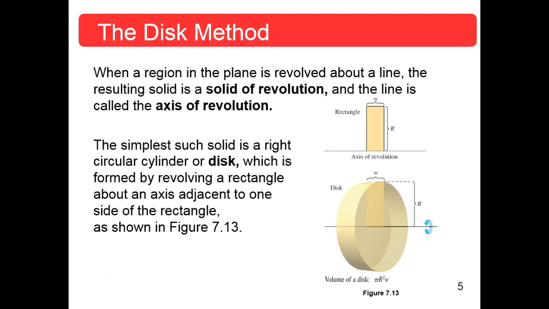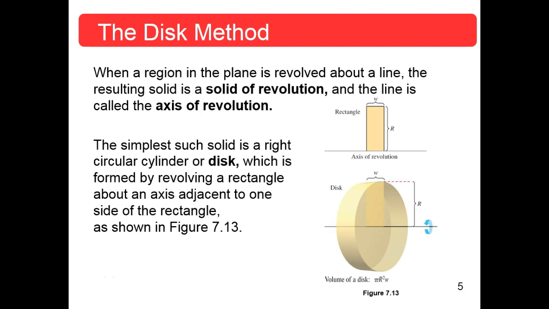How far up above the x-axis, your y. This w could be your dx if that is your x-axis. So pi y squared, or r squared, dx or w. Pi r squared w. That would be the volume of that disk. And that's an exact slice of a right circular cylinder. Pi r squared w. Okay?